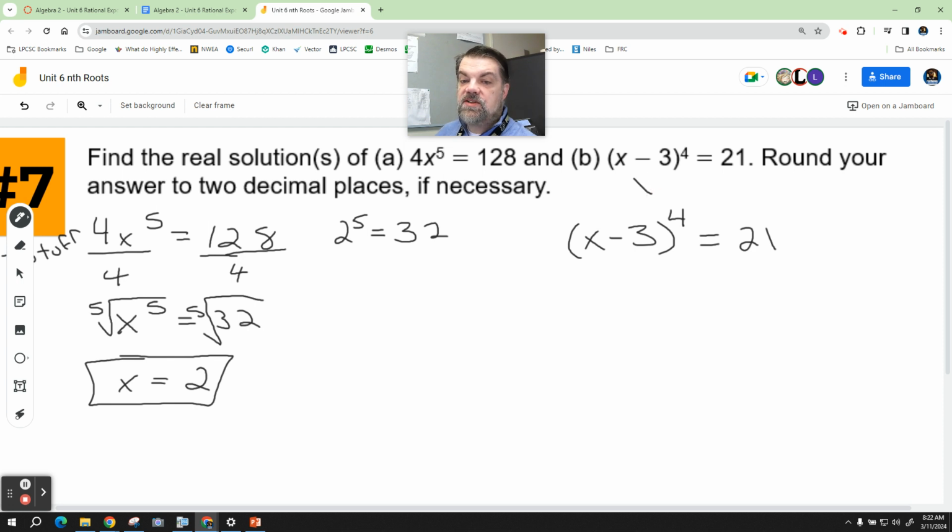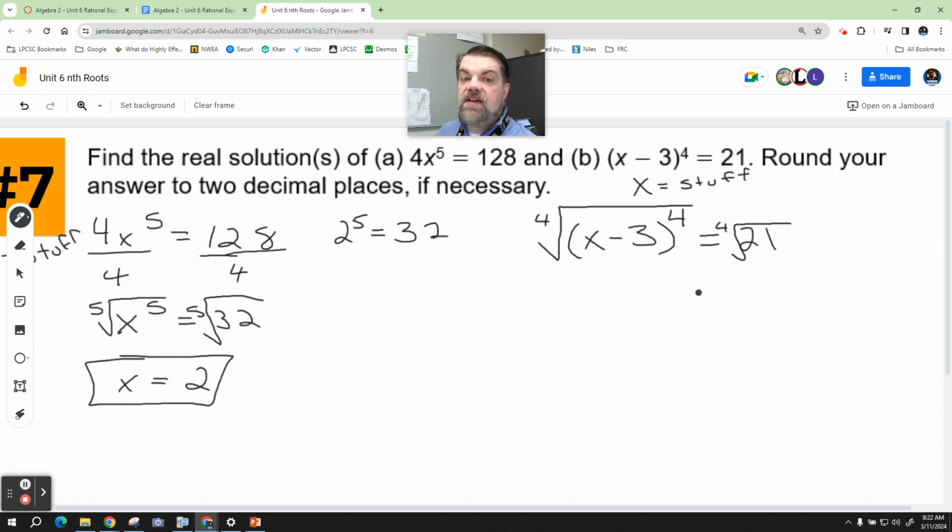Remember, I want to make this look like x equals some stuff. So I got to get the x completely by itself. Now in this case, I need to get rid of that exponent. So I'm going to take this whole thing and raise it to the fourth root. Remember, whatever I do on one side, I have to do to the other.